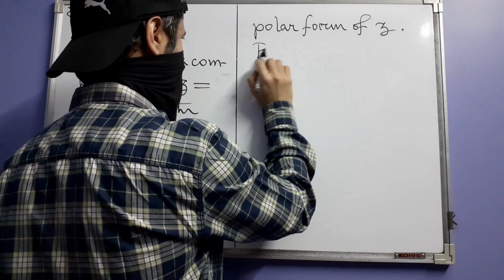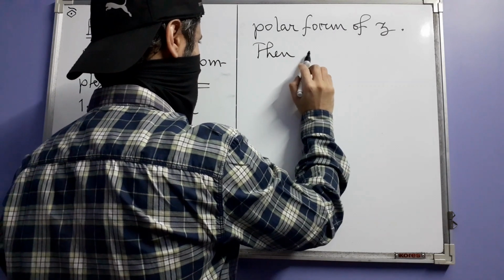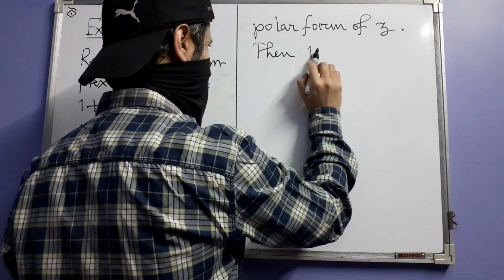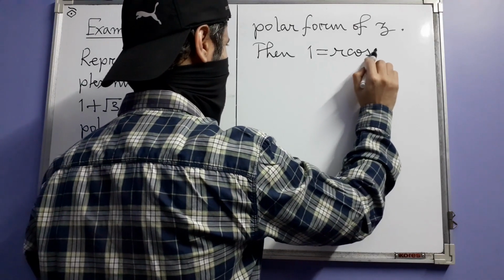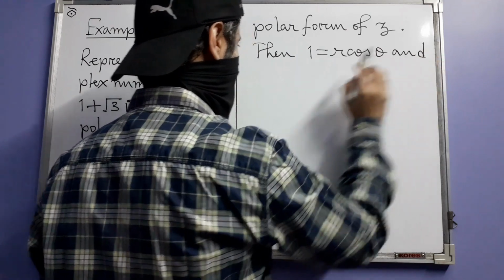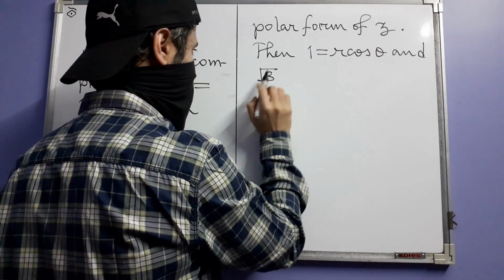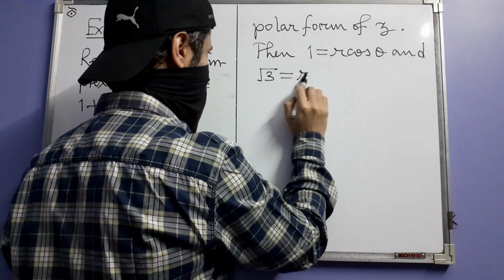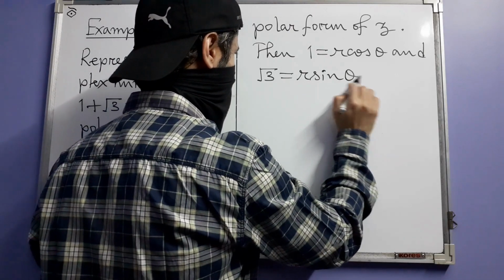Then 1 equals r cos theta and square root of 3 equals r sin theta.